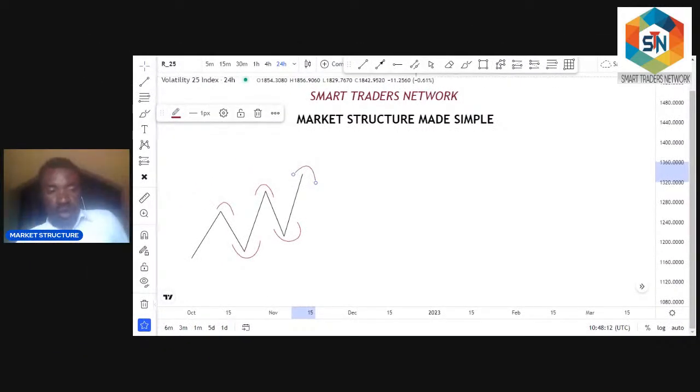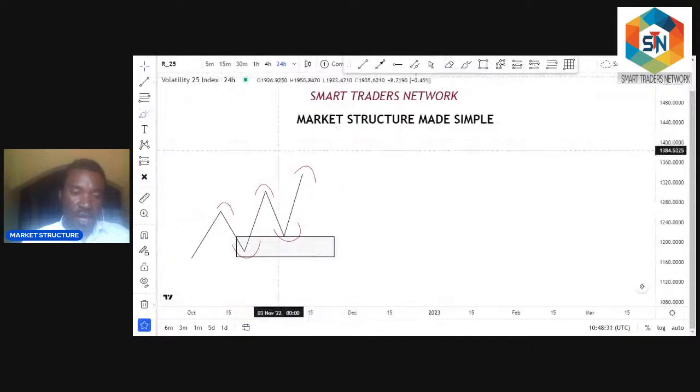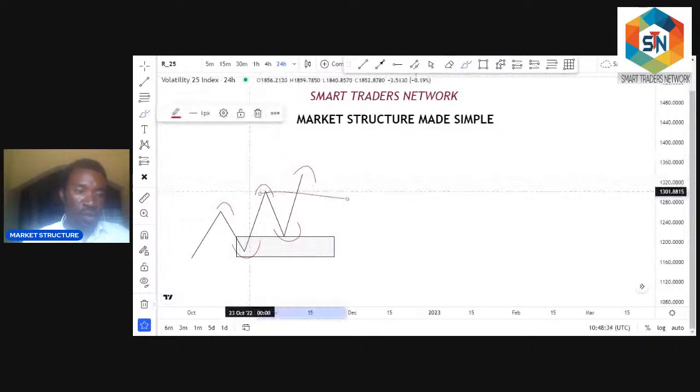This formation enables you to take entries only at the higher low. You're expected to take an entry only when price comes down to the higher low. Then you can consider all of these as your take profit. All of this becomes your point for take profit.